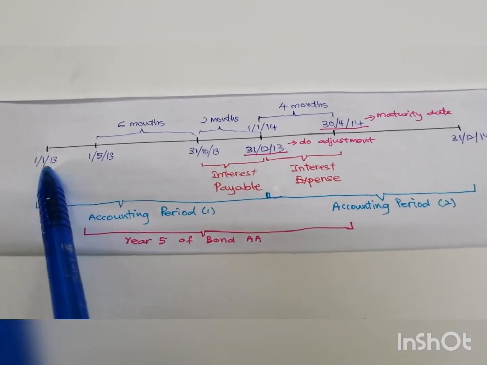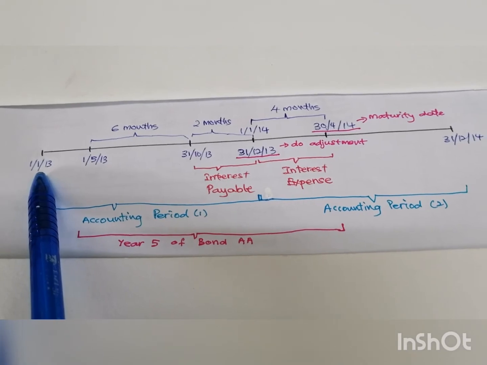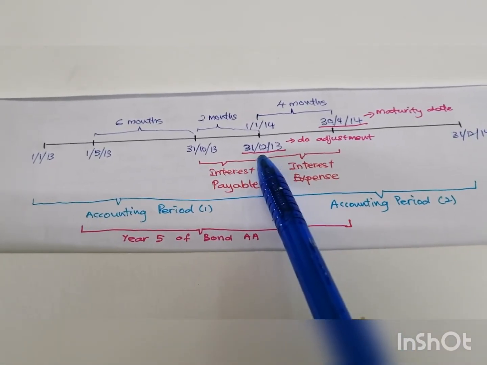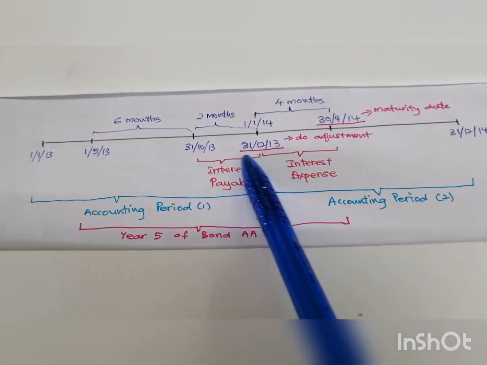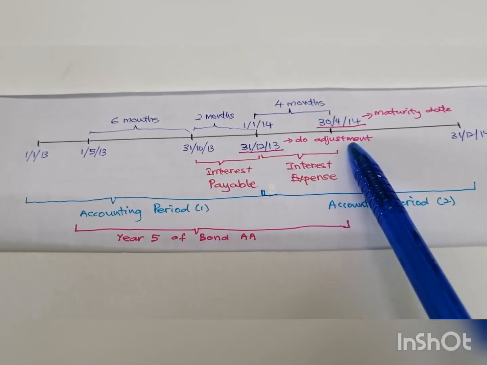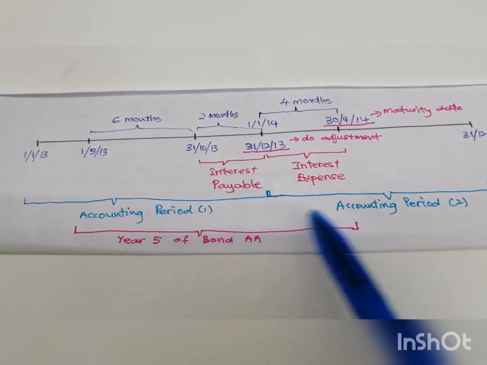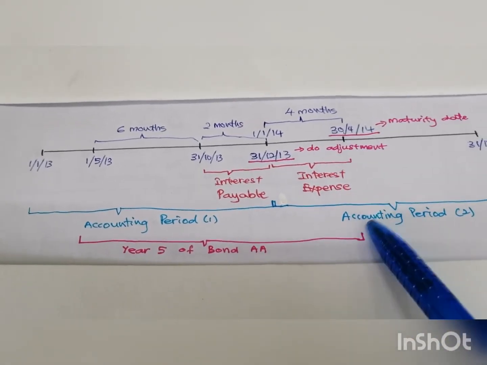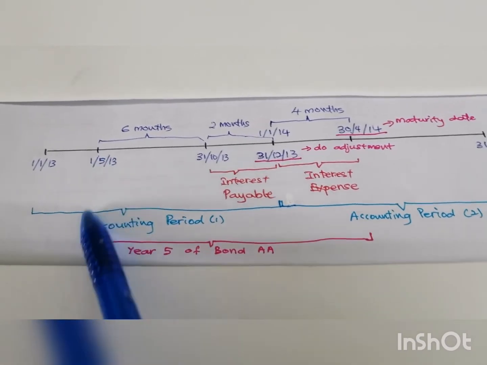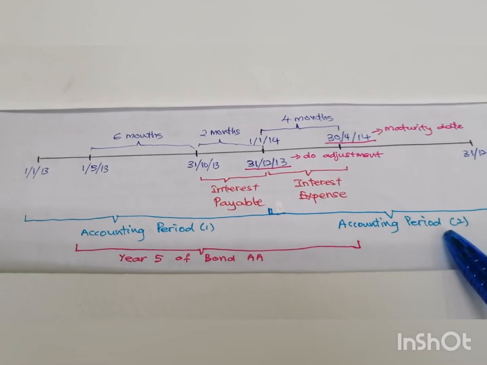Due to the first accounting period start on 1st January, end of 31st December. So at 31st December, we will need to do the adjustment. Okay, so this is the year 5 for the bond AA, and involved 2 accounting period.